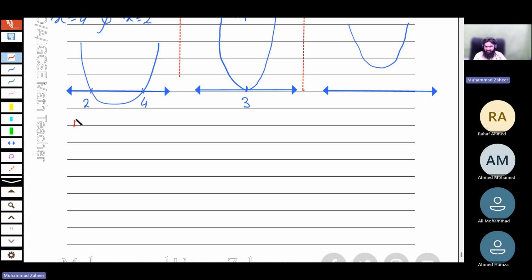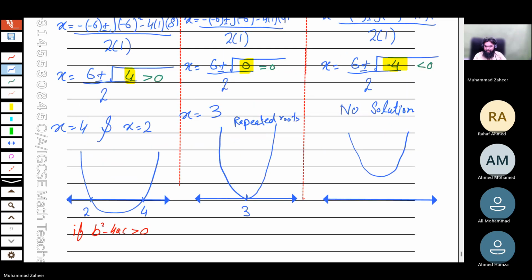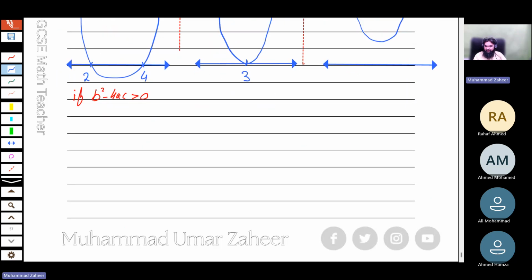The first case is if b square minus 4ac is greater than 0. So in this situation, we are getting greater than 0. The first thing is the roots are real, meaning you will get the answer.